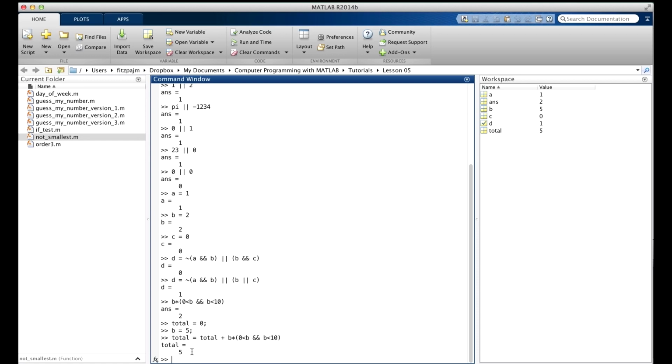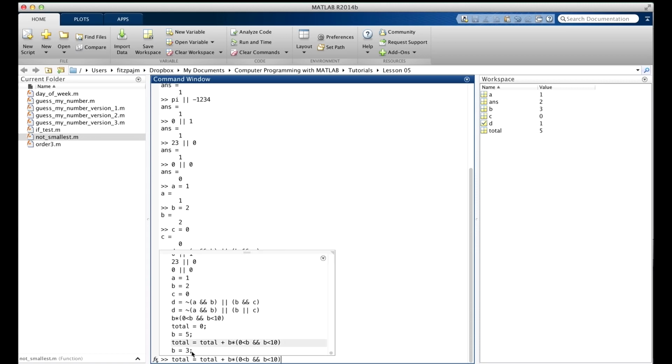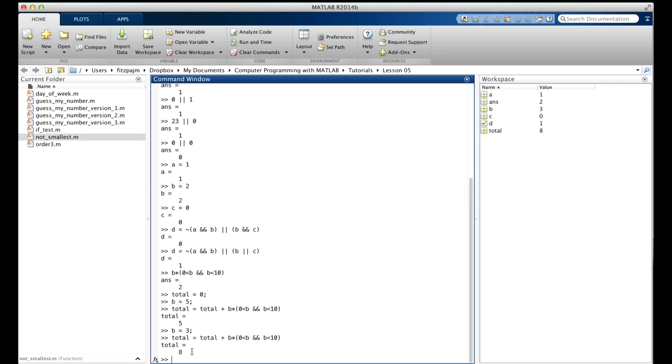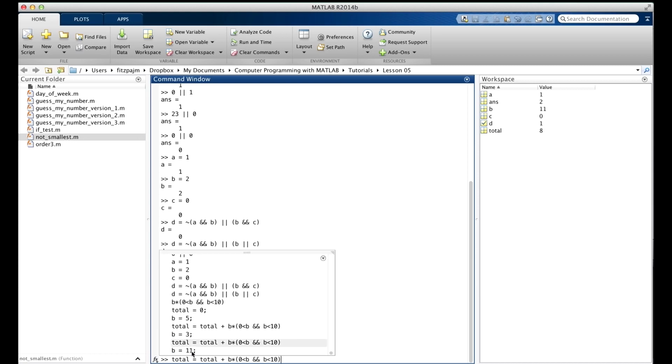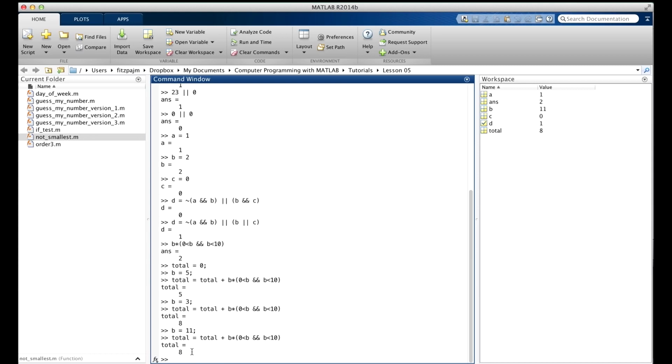Five is greater than 0 and less than 10, so it gets added in. The same holds for 3. But 11 fails the test, so 0 is added. So as you can see, b is added only when it's inside the limits, just what we wanted to do.